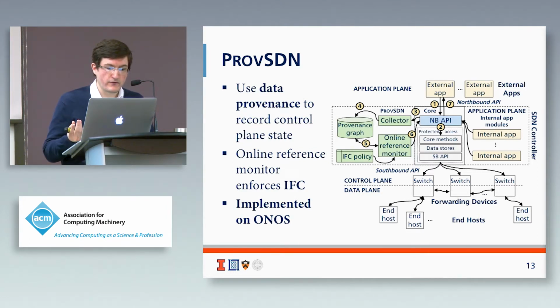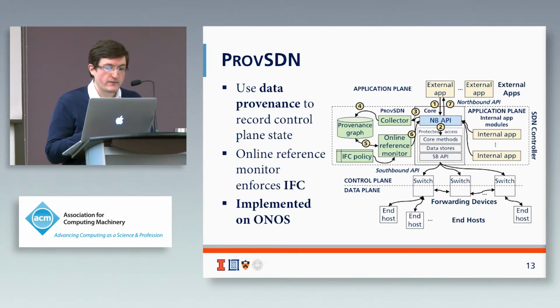To give a brief overview of what PROVSDN actually does, we assume that an external application, or an internal one as well, tries to talk to the northbound API to do something in the control plane. That request gets intercepted by PROVSDN, which collects information about it and creates provenance metadata about the request that gets stored in the provenance graph.